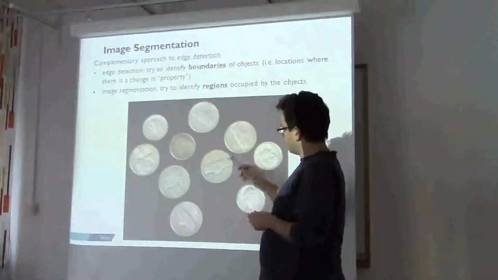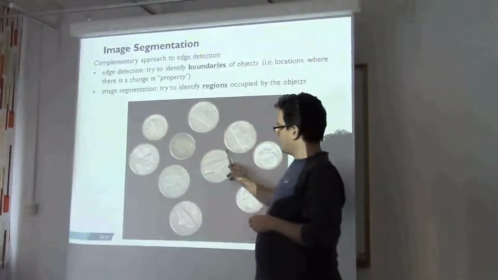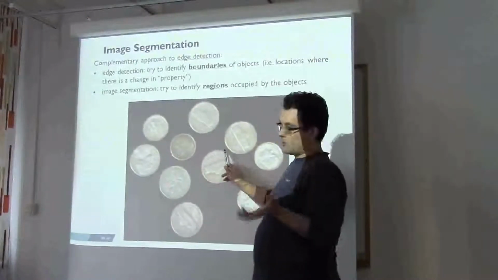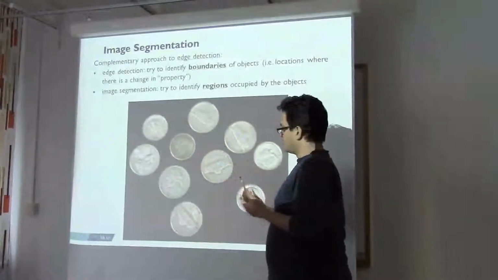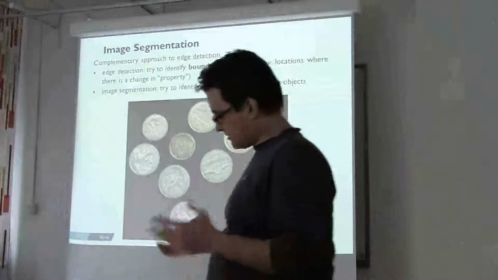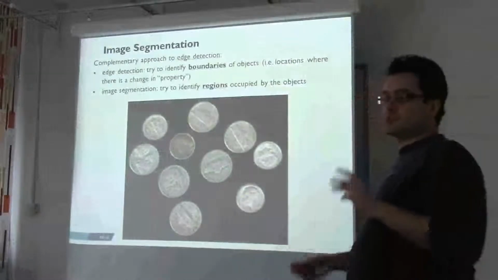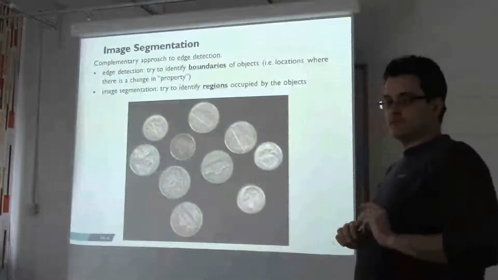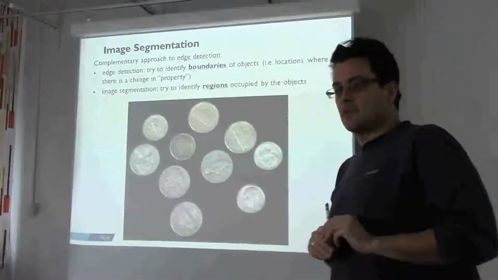If you apply edges here, you will get edges also in this region. But if you want to segment a coin, you are interested only in this edge here. So edges will help you, or maybe not. But there is some complementarity between edge detection and segmentation. Usually the application for image segmentation is to remove the background or something else?